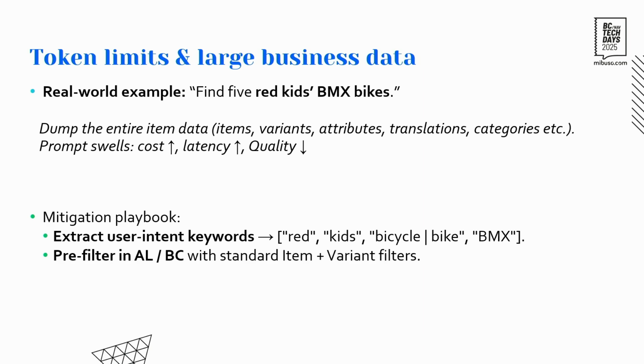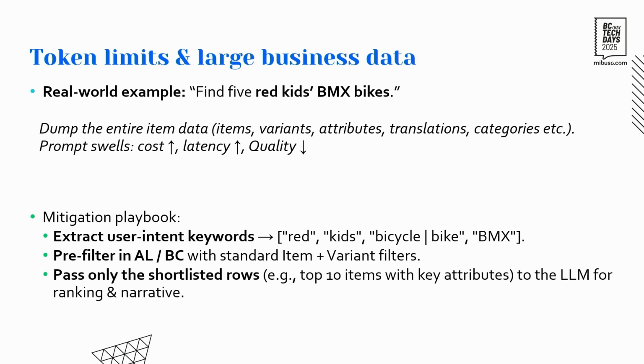Maybe you could only filter on the item description with the name of the item. You may ignore all the features to do this pre-filtering. And then you only send this subset of items back to the LLM, so you are sending a lot less data for the LLM to get the best results out of it.